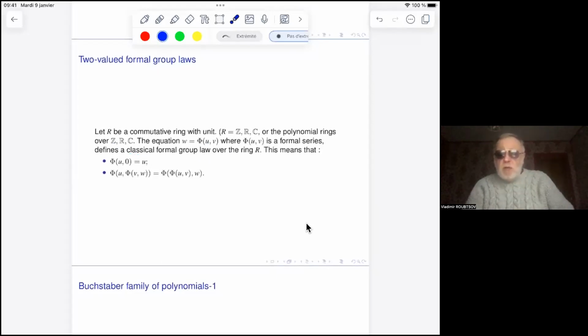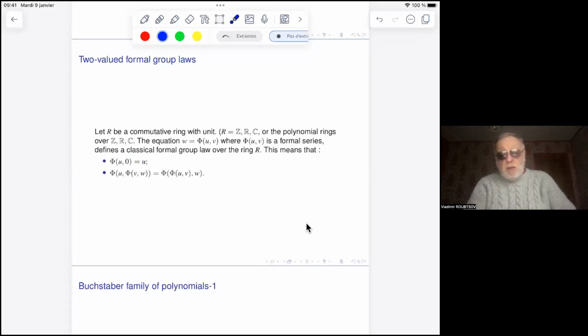First, if we take the second variable equal to 0, then this series trivializes to the first variable U. Second, if we put instead of V phi of V and some third variable W, so we have this substitution in the second place, or we can make this substitution in the first place and put instead of U, phi of UV, and then take the variable W, then the corresponding series coincide.